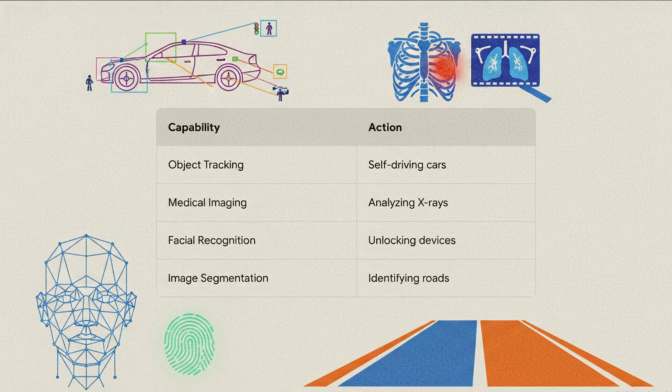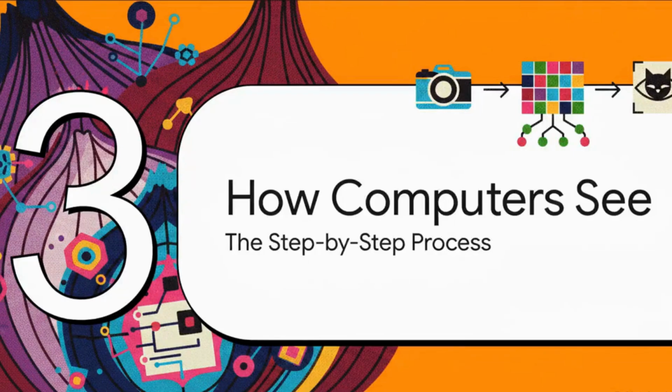We're talking about platforms like Aidoc analyzing X-rays and MRIs to spot tumors or pneumonia with incredible accuracy. It handles the hypermicro, like mapping precise facial landmarks to unlock your devices, right alongside the macro, like image segmentation. That's where the AI distinguishes the exact pixel boundary between a road and a sidewalk, so a 2-ton vehicle knows exactly where to drive.